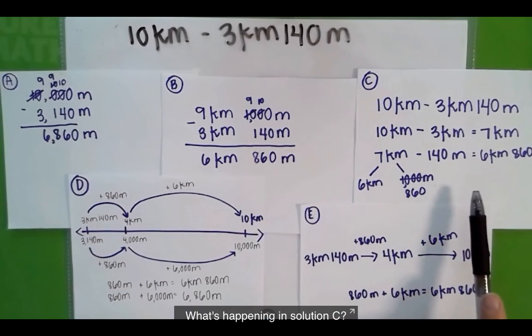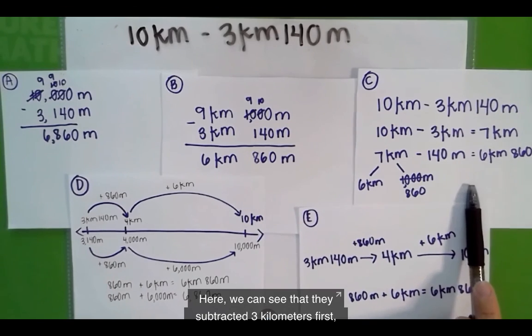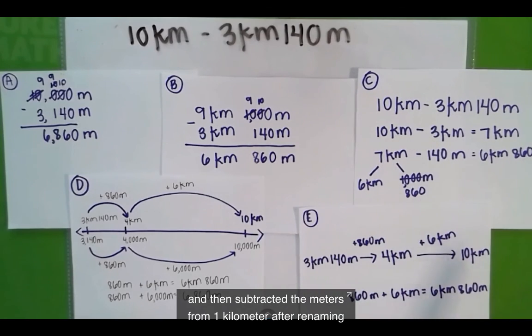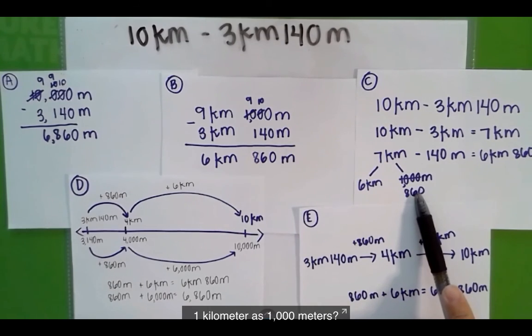What's happening in solution C? Here we can see that they subtracted 3 kilometers first, and then subtracted the meters from 1 kilometer after renaming 1 kilometer as 1,000 meters.